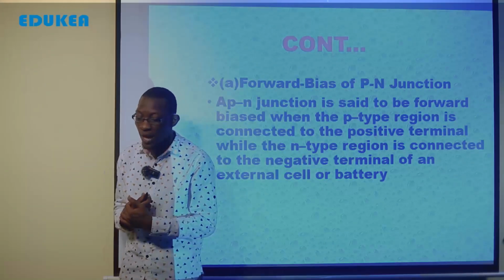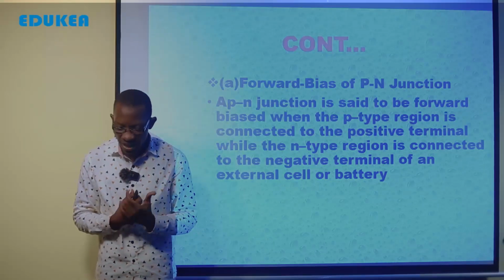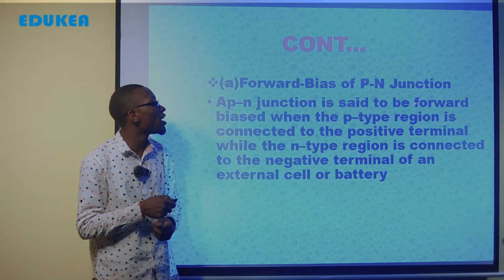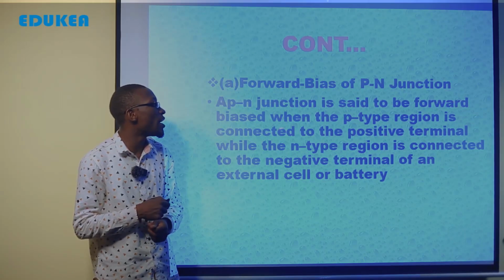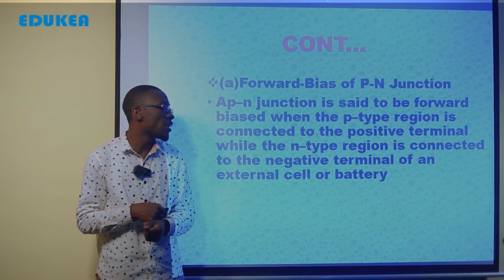Starting with the forward bias, tukianzia na hiyo forward bias. A PN junction is said to be forward biased when the p-type region is connected to the positive terminal while the n-type region is connected to the negative terminal of an external cell au battery.